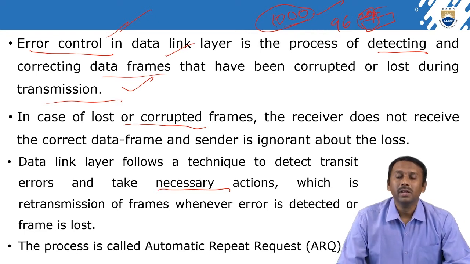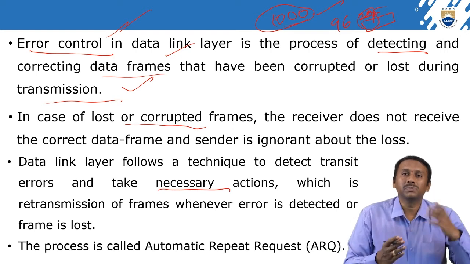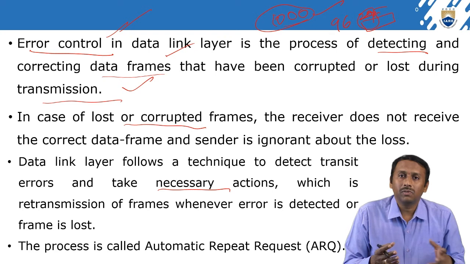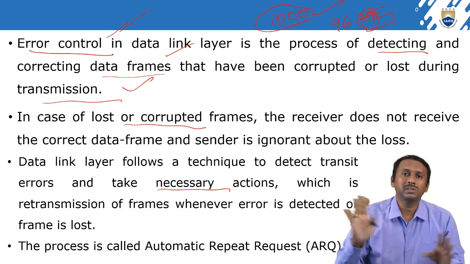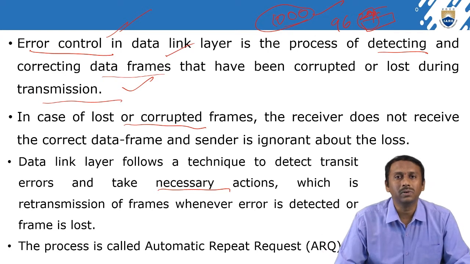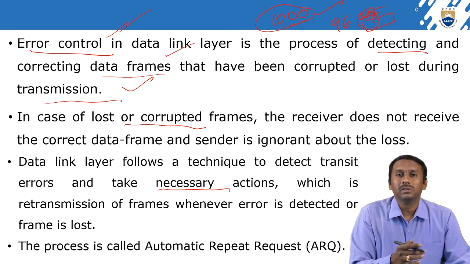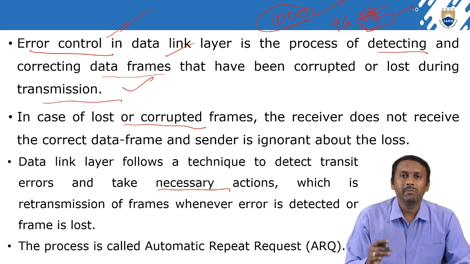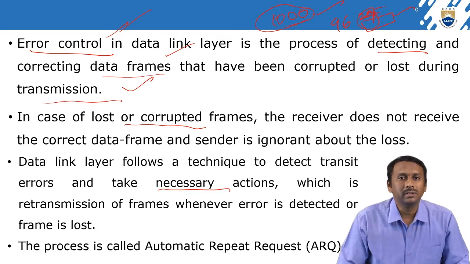Otherwise, what will happen if the sender is not getting any response from the receiver? The sender feels, okay, I sent the 1,000 page document successfully, it's completely over. But from the receiver end, a message has to come: some particular frame is not received, a particular frame is corrupted, this data I didn't receive.